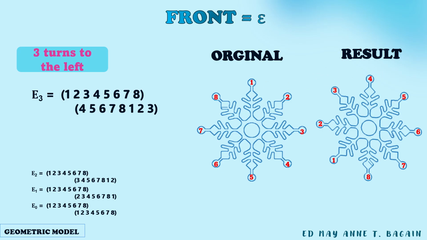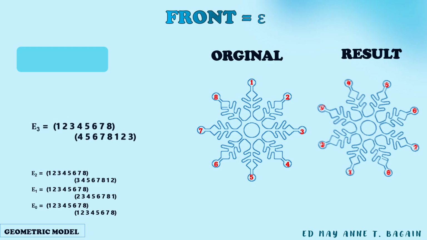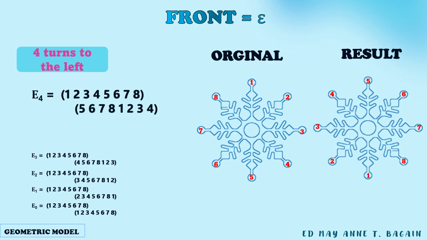So now let's check what is the move for epsilon sub 4. So as we can see, this one moved 4 turns to the left. Okay, so 1, 2, 3, 4. That would be the 4 turns to the left.